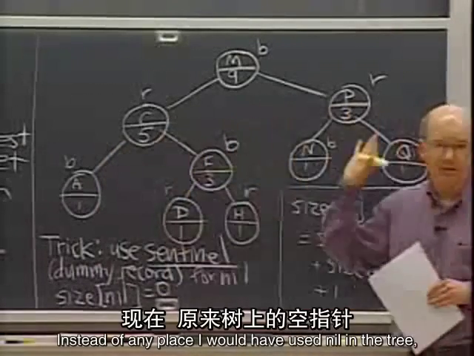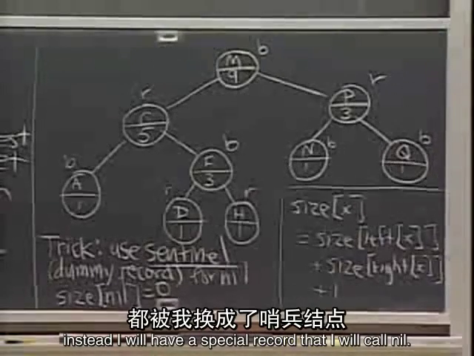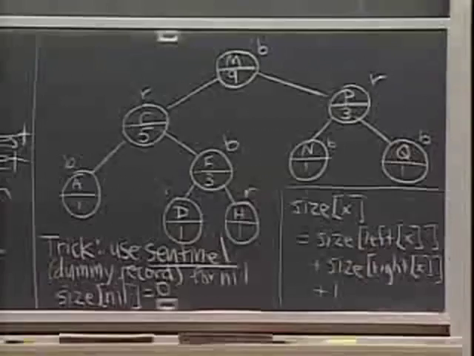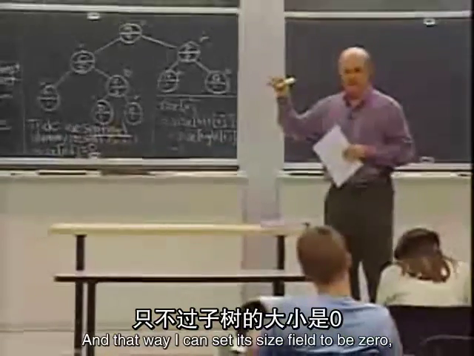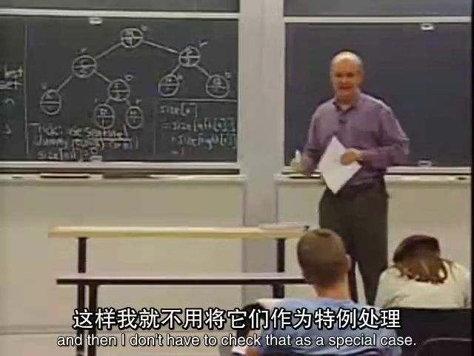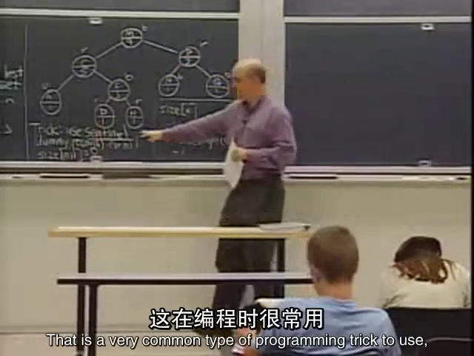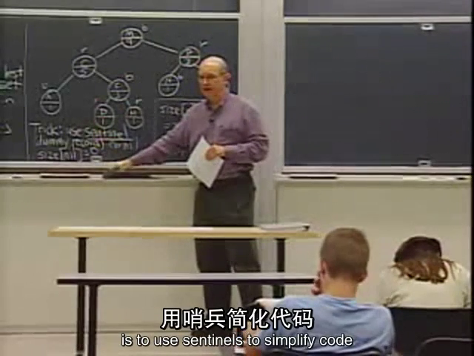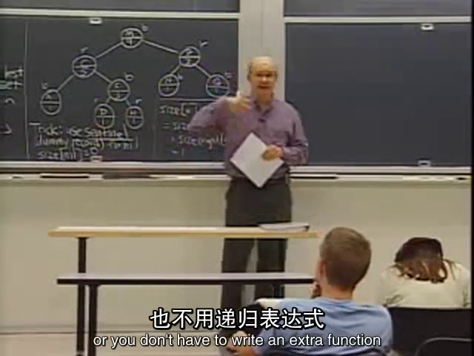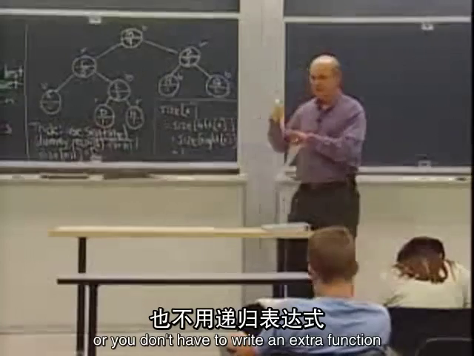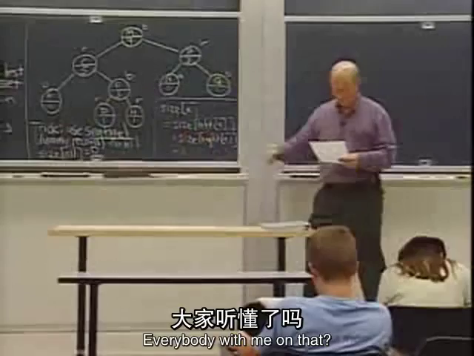So instead of any place I would have used nil in the tree, I'll have a special record that I'll call nil, but it'll be a whole record. And that way I can set its size field to be 0, and then I don't have to check that as a special case. That's a very common programming trick, to use sentinels to simplify code, so you don't have all these boundary cases or have to write an extra function when all I want to do is just index the size of something. Okay, everybody with me on that?